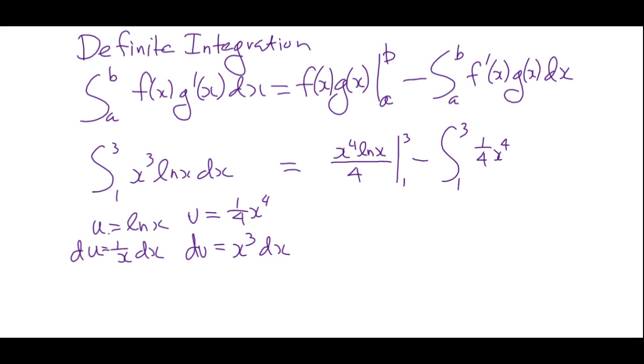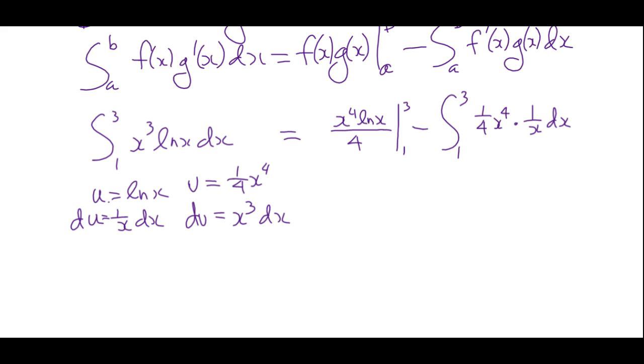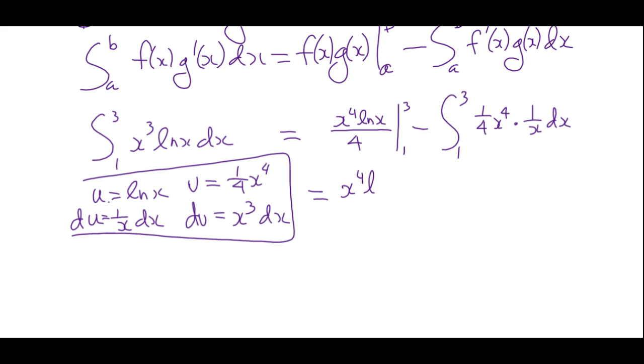So that's v times du, times 1 over x dx. Let's just sort of box this off. So let's leave this guy as it is for now. Let's simplify this.